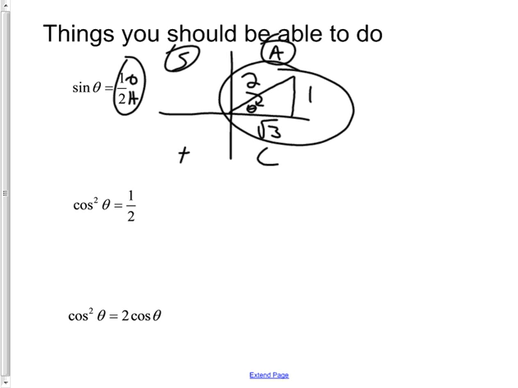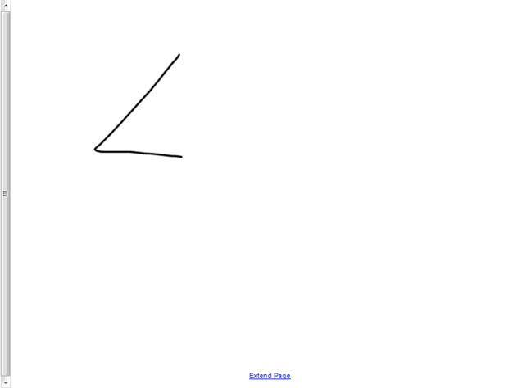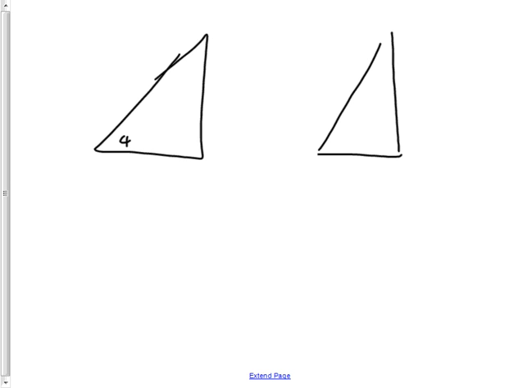All right. What I want you to do right now is refresh your memory on the 30, 60, 90 and the 45, 45. I did that badly. This one's more like the 45, 45. And this is the 30, 60, 90. I'd like you to write out all 4 triangles like that.